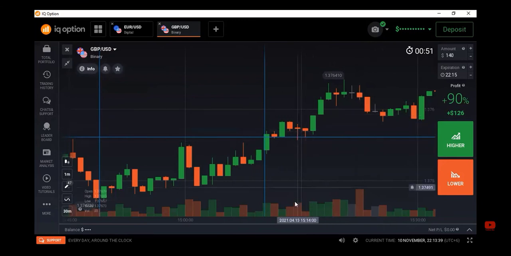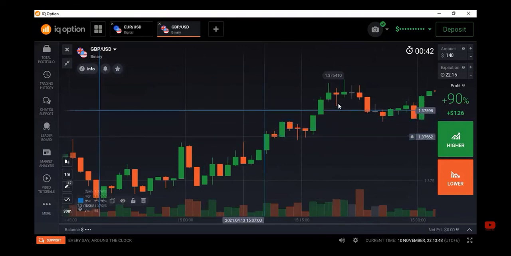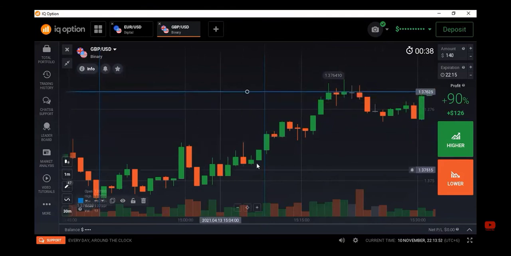This signal worked here, this signal failed here. What's the filter? The filter is when we have already come to an extreme level after several waves. At that time, although we get a signal candle, we don't have an opportunity. Now we have to check which type of area this is.